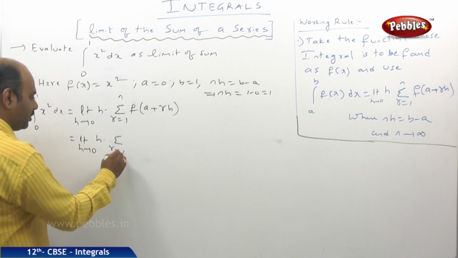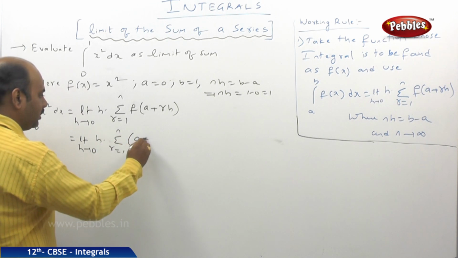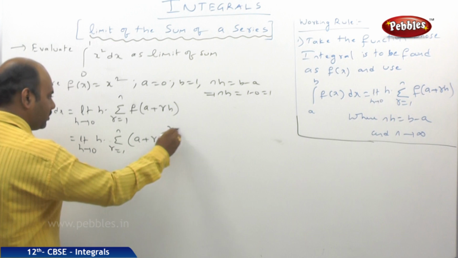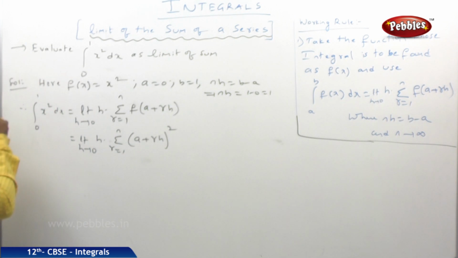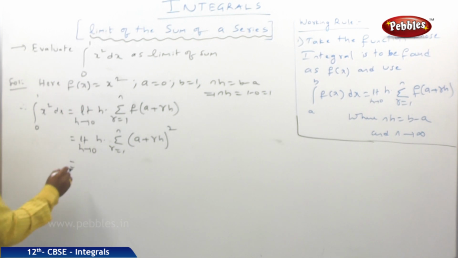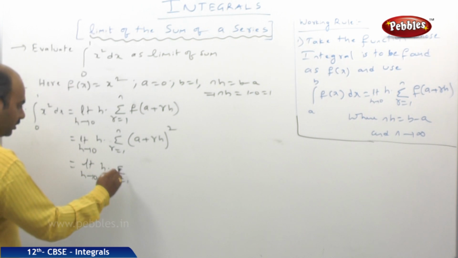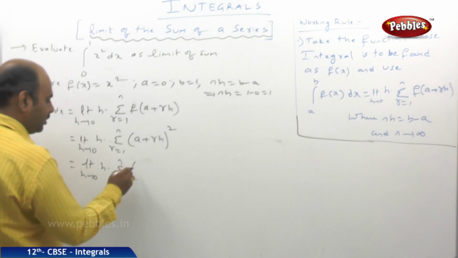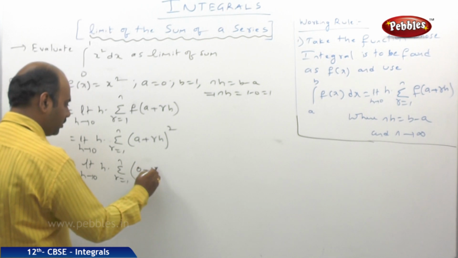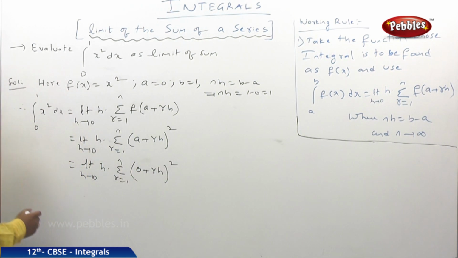So summation r is equal to 1 to n a plus rh whole square. So here a means again I need to substitute 0. Because lower limit is 0, limit h tends to 0 h, summation r is equal to 1 to n, 0 plus rh whole square.